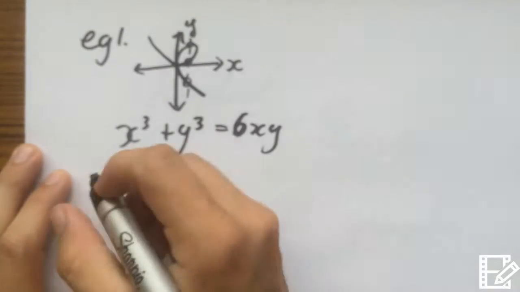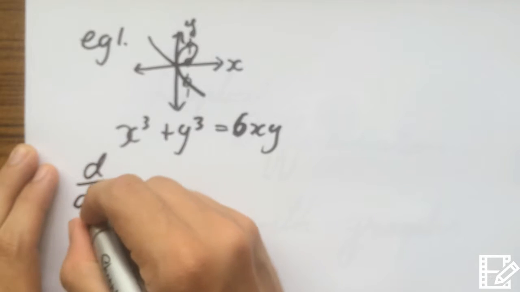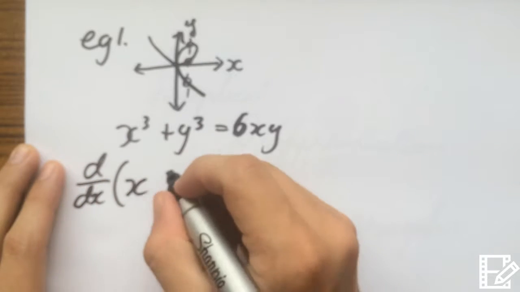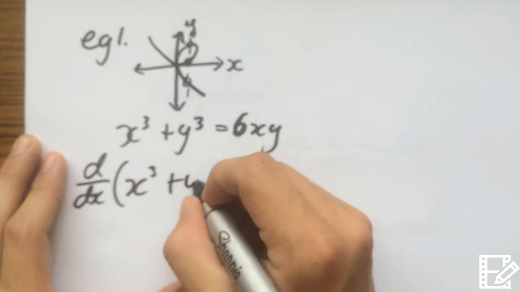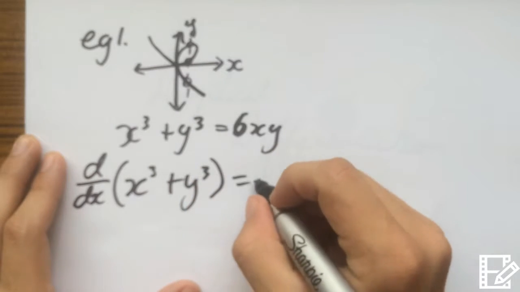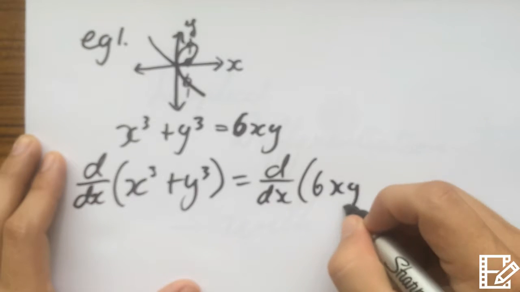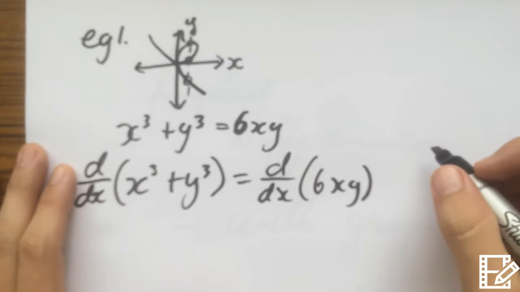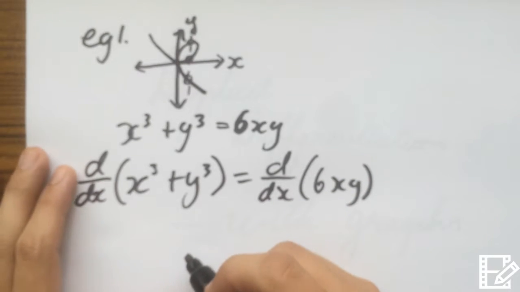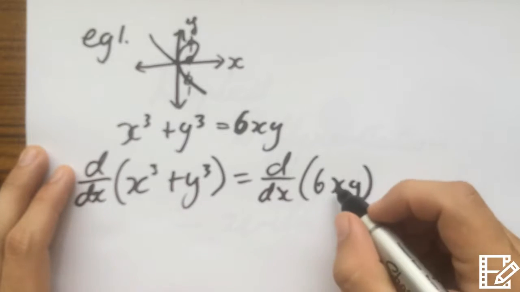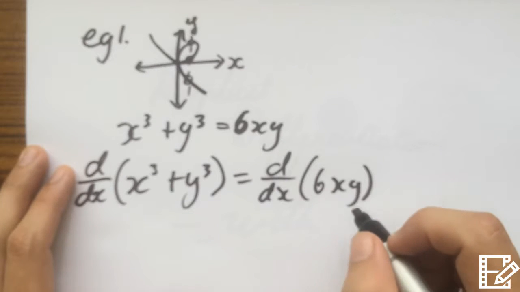So, like always, we do the derivative of each side. Okay, now, for this side, we're going to need the product rule because we've got a function times a function.